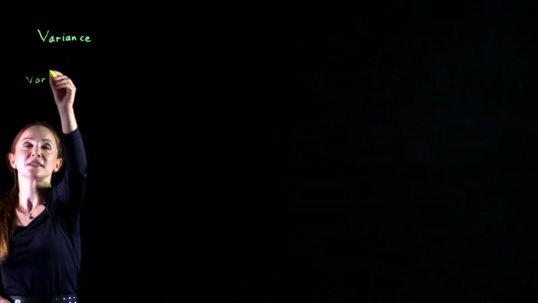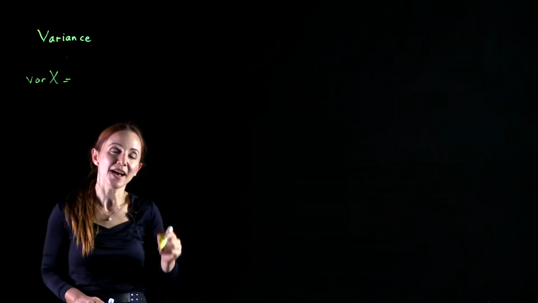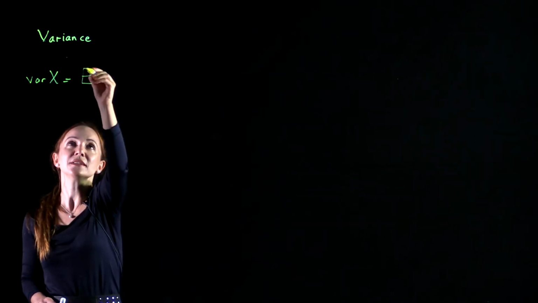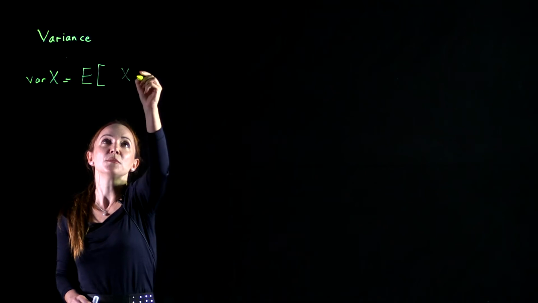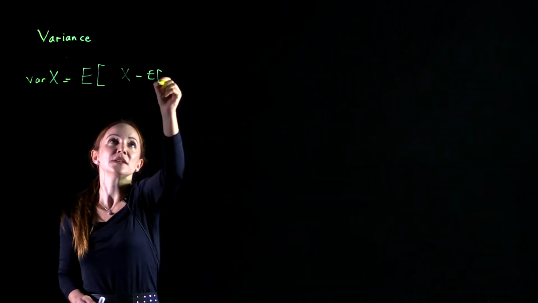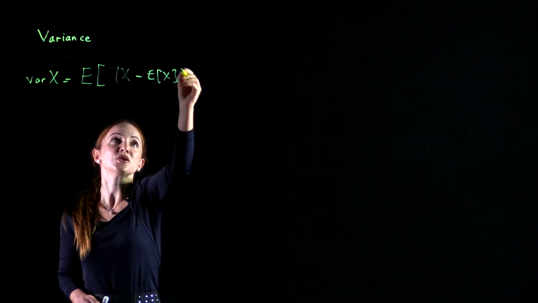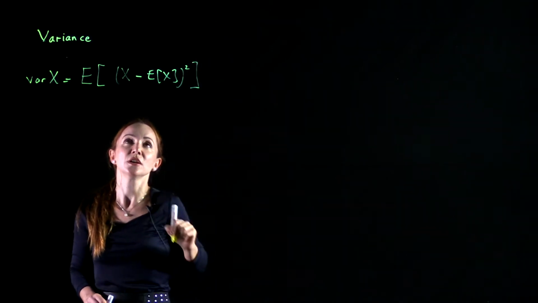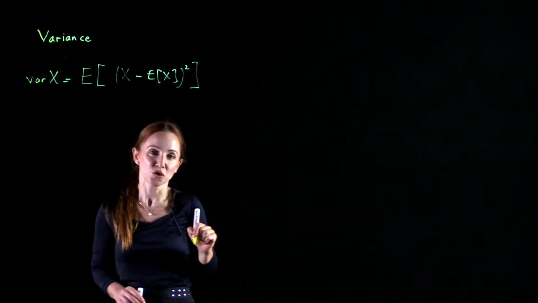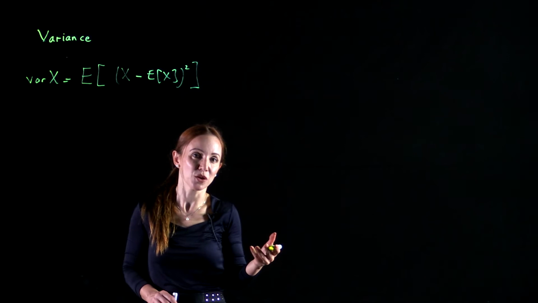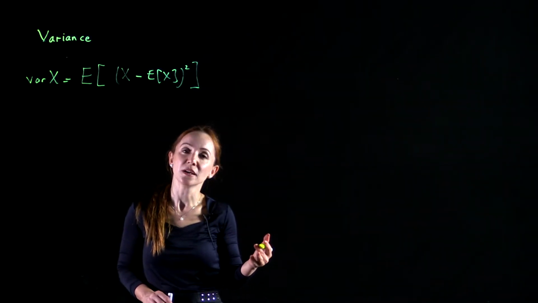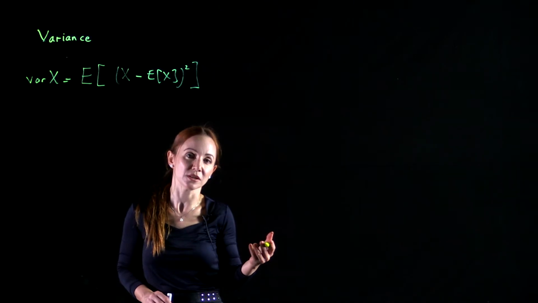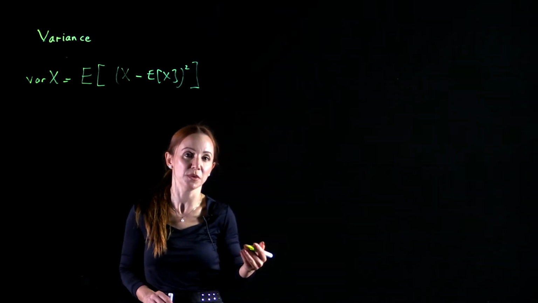The variance of a random variable X is defined as the expected value of (X minus the expectation of X) squared. Essentially, it is the expectation of the squared difference of X from its mean. In other words, it's the expected squared deviation from the mean.